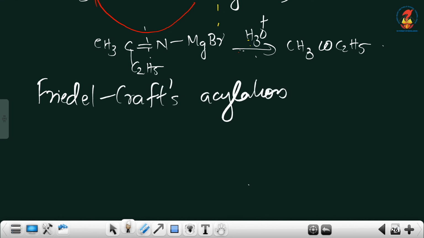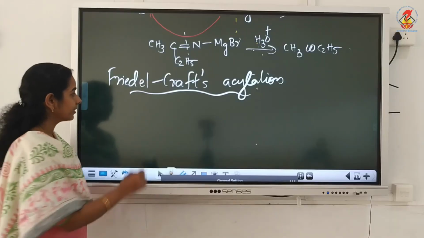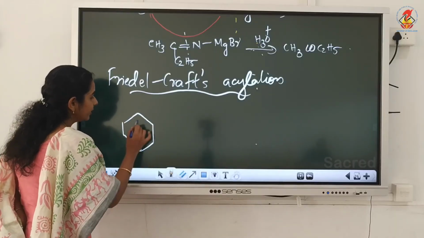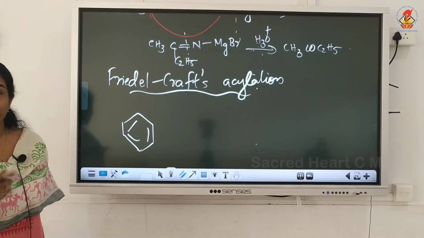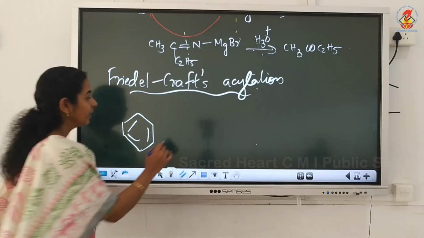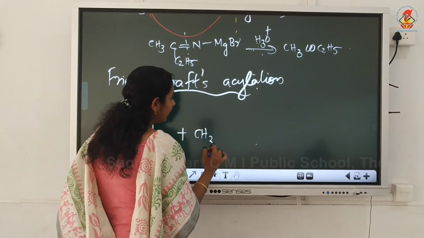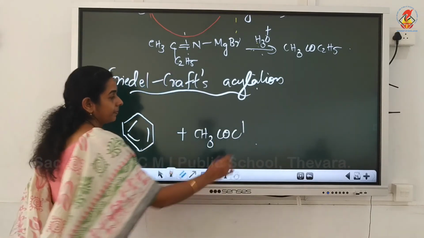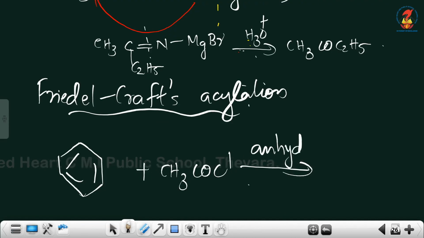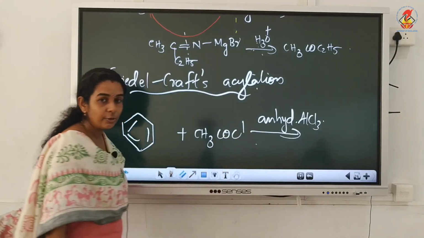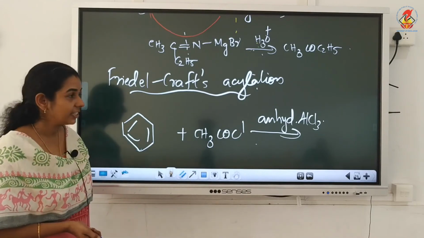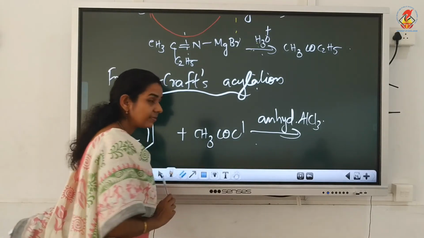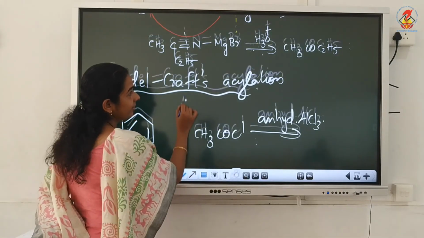acylation. We have been studying this from the 11th standard onwards. What is Friedel-Crafts acylation? It is benzene or its derivatives, any compound containing a benzene ring, reacting with acetyl chloride in the presence of the catalyst, anhydrous aluminum chloride. So in the presence of anhydrous aluminum chloride, benzene on reaction with acetyl chloride, what are we getting?